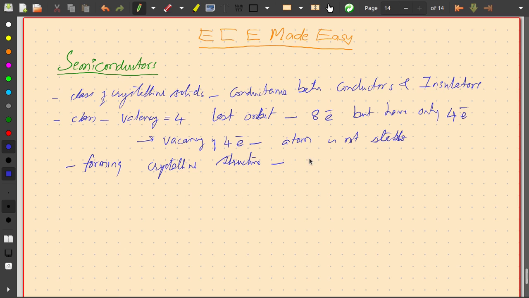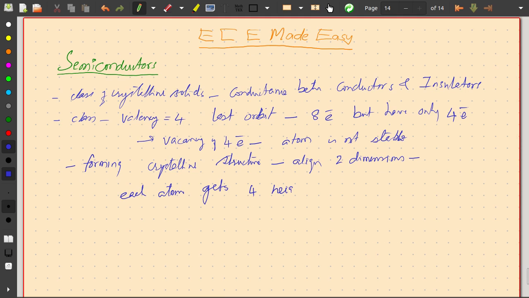Here the atoms align in two dimensions such that each atom gets four neighboring atoms.